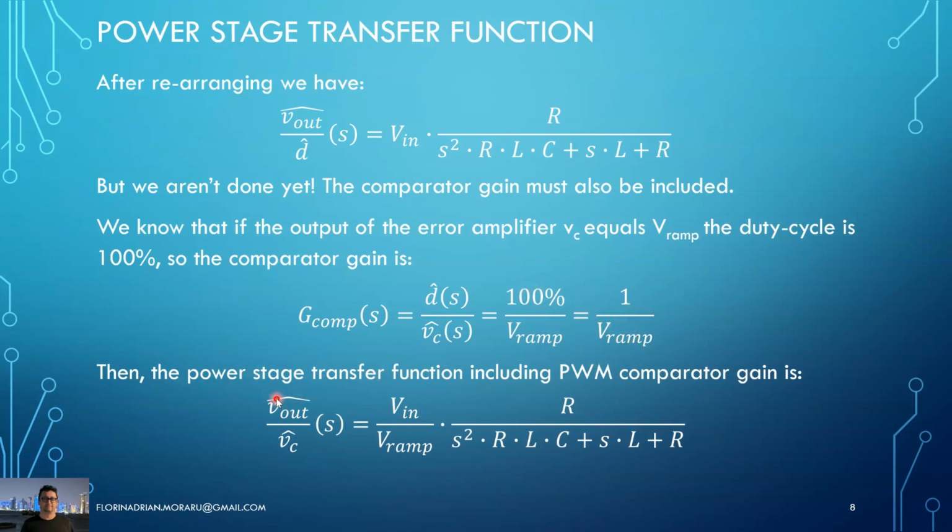So that means we can update the above equation by including this comparator gain, and we can now write the new transfer function as V out hat of S over VC hat of S, where VC is the control voltage.